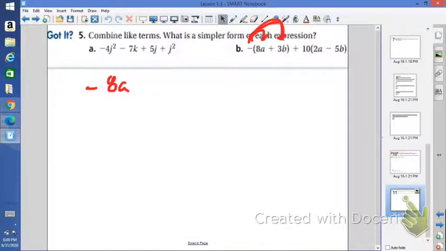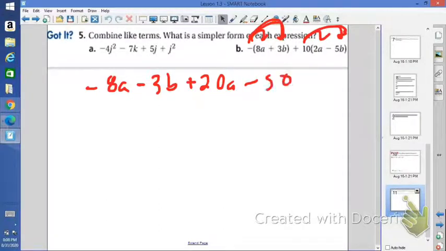A negative 1 times 3b is a minus 3b. So positive 10 times 2a, that's going to give us a positive 20a. And then 10 times negative 5b, that's negative 50b.